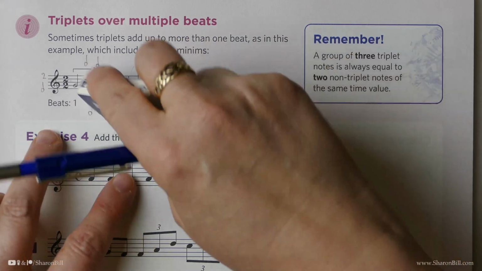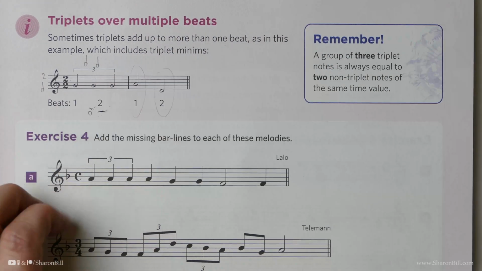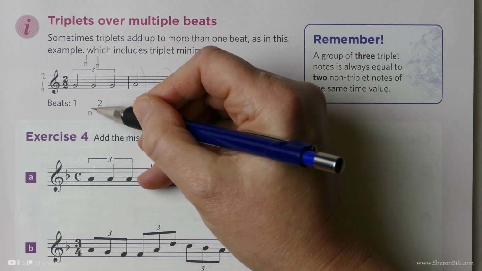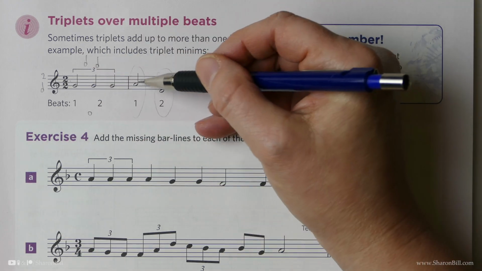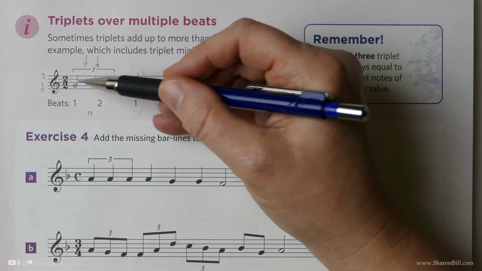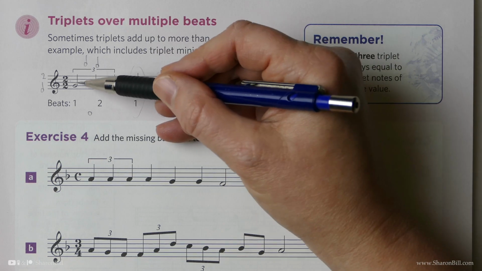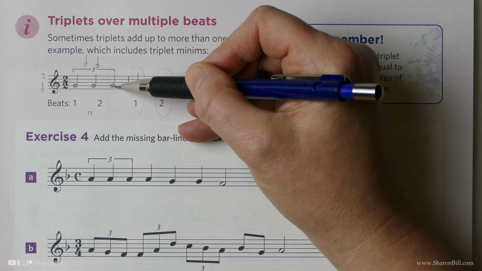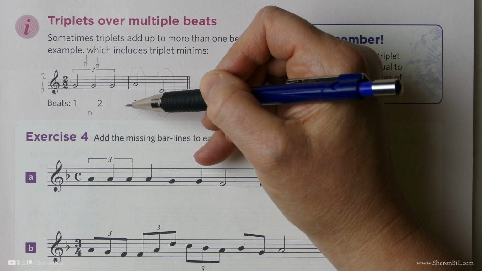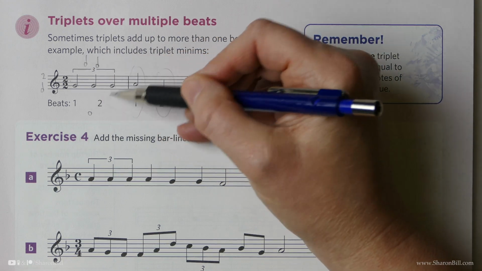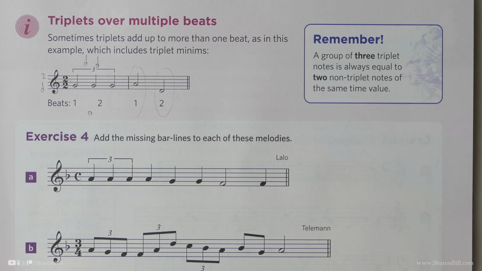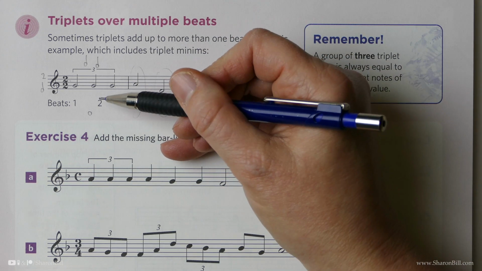So it's a semibreve's worth. If we've got beat 1, 2, it takes up the whole of that time: 2 beats spread equally and given to the 3 notes, as it were. So the maths is exactly the same.